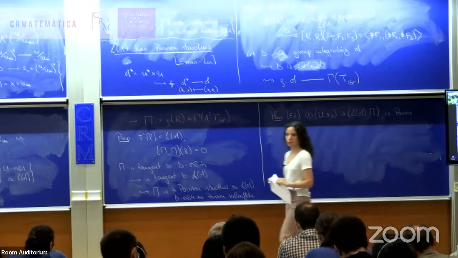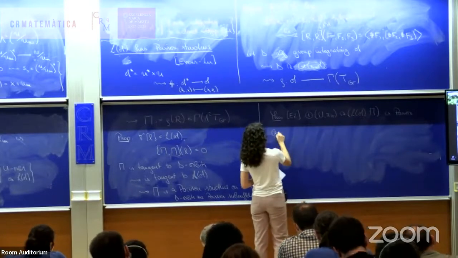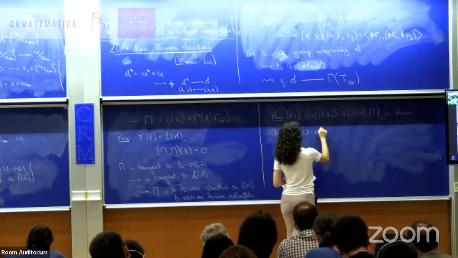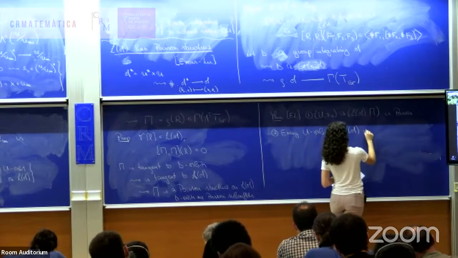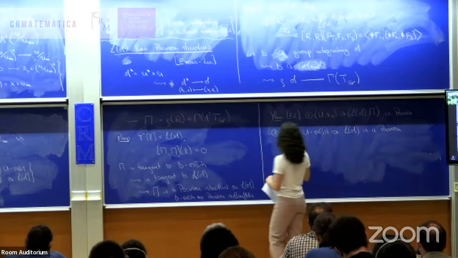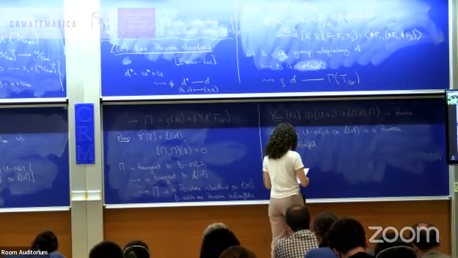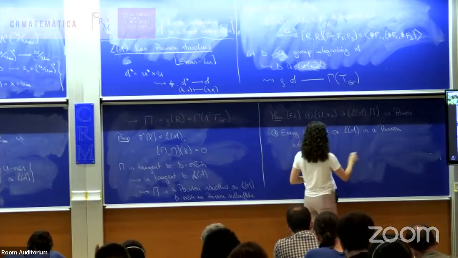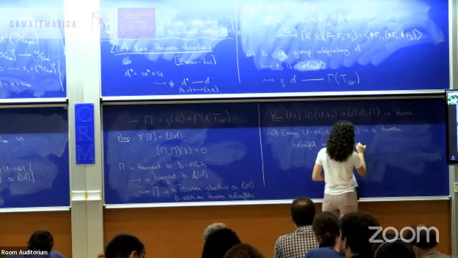So the action map is a Poisson map. And part 2 of the theorem says that every U orbit on L is a Poisson submanifold. And this means, in particular, in view of part 1, that every U orbit on L is a Poisson homogeneous space.